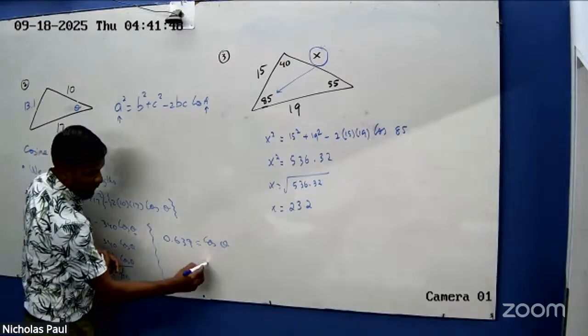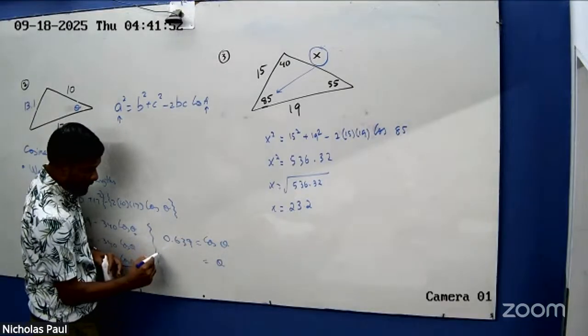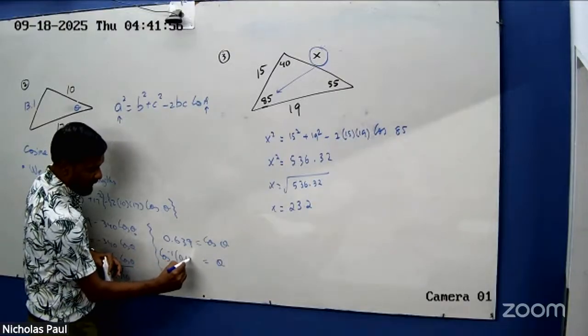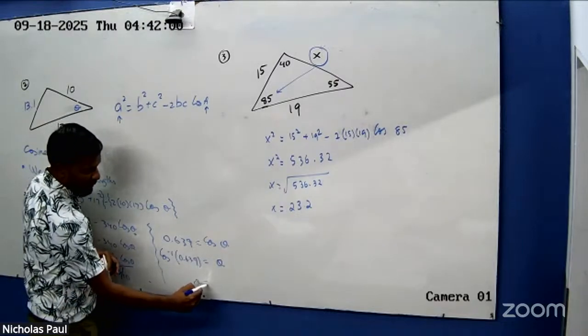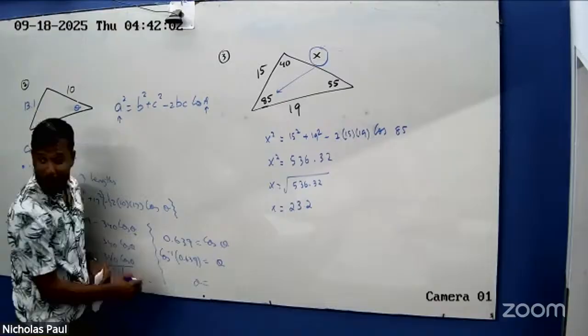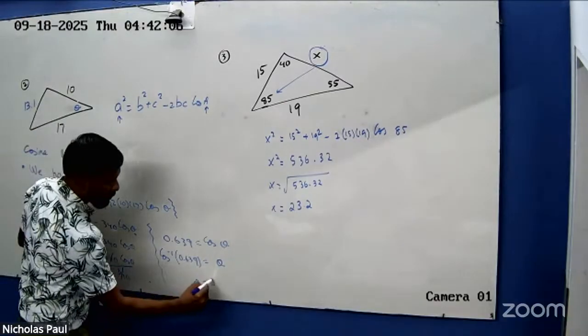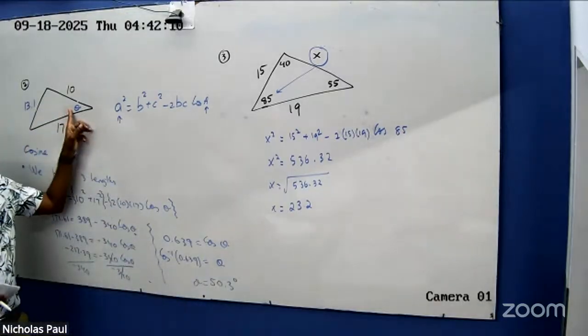Carry out cos inverse of 0.639, and your final answer is 50.3. Close enough, and the original is 50.